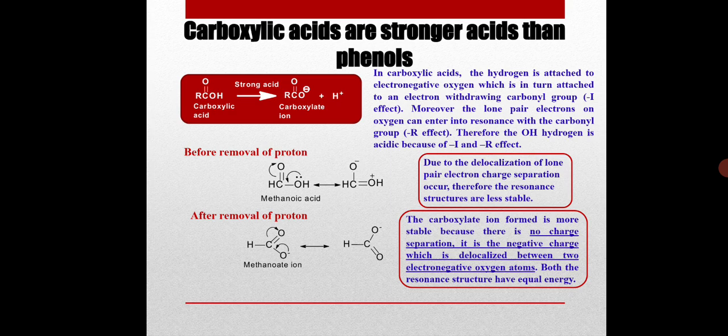Therefore, both structures have equal energy and more stability. The stability of the carboxylate ion makes carboxylic acid a strong acid, and the proton of carboxylic acid can be removed even by a weak base like sodium bicarbonate.